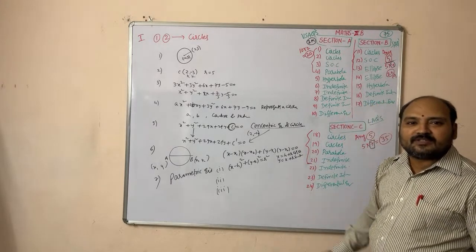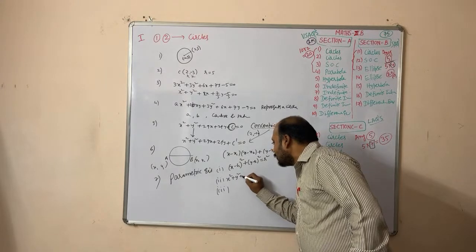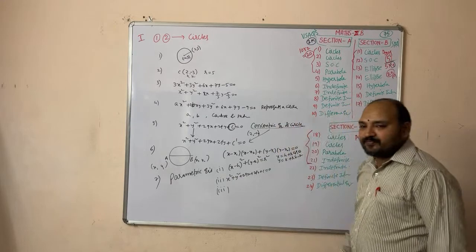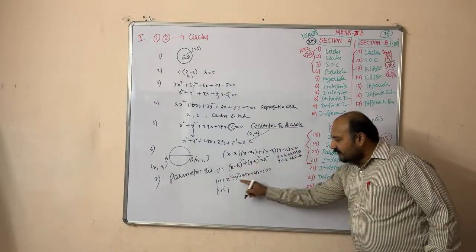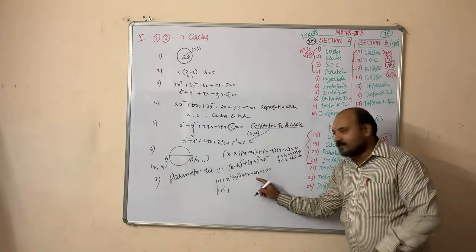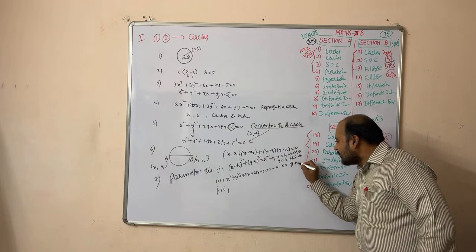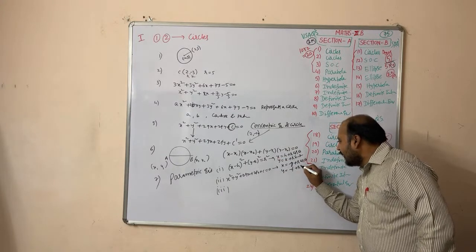You remember, dear students. If the circle is in this form: x square plus y square plus 2gx plus 2fy plus c equal to 0, the center is minus g, minus f in place of h comma k. So the equations will become x equal to minus g plus r cos theta, y is equal to minus f plus r sin theta.